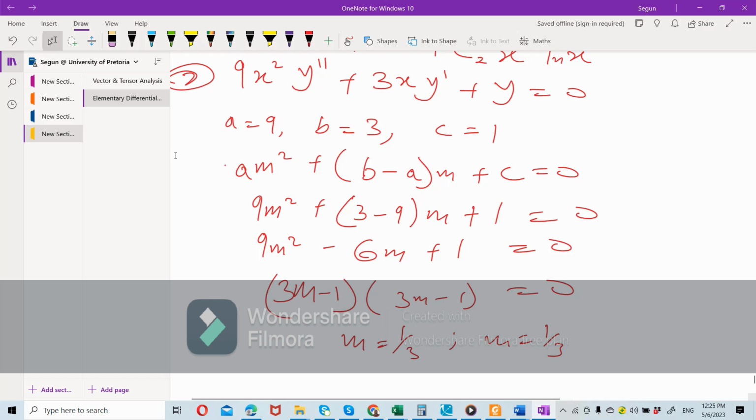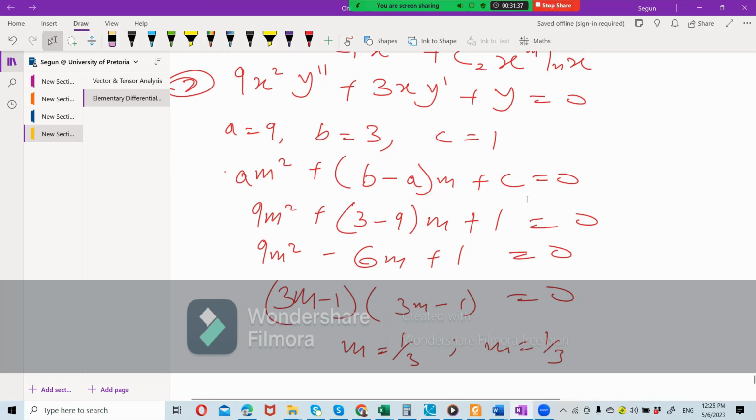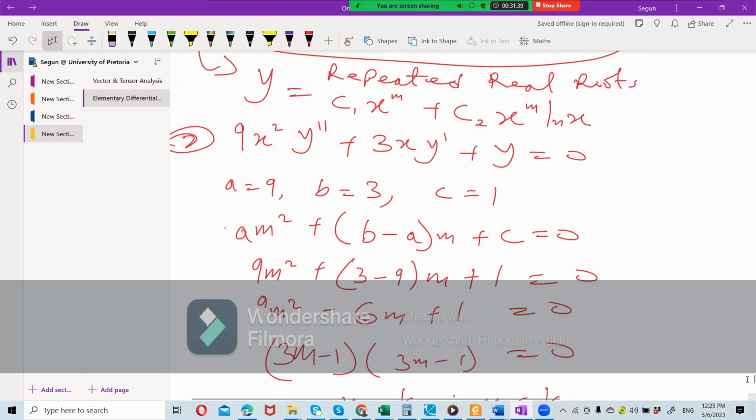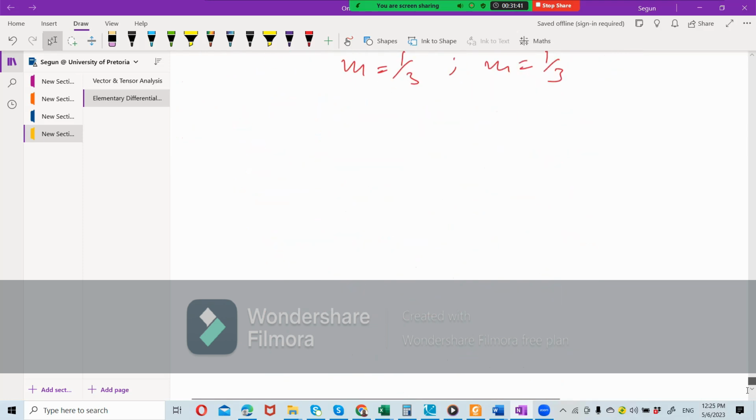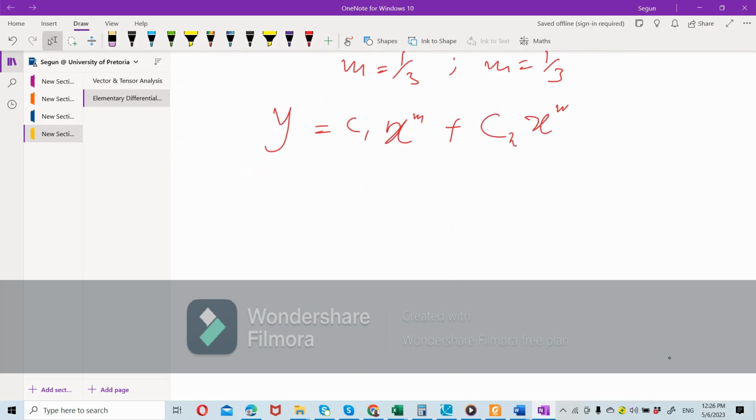This is what we call repeated. That is the same answer for the m1 and m2. So in this case now we have repeated equals to C1 x raised to power m plus C2 x raised to power m ln x. That's the rule for the repeated.